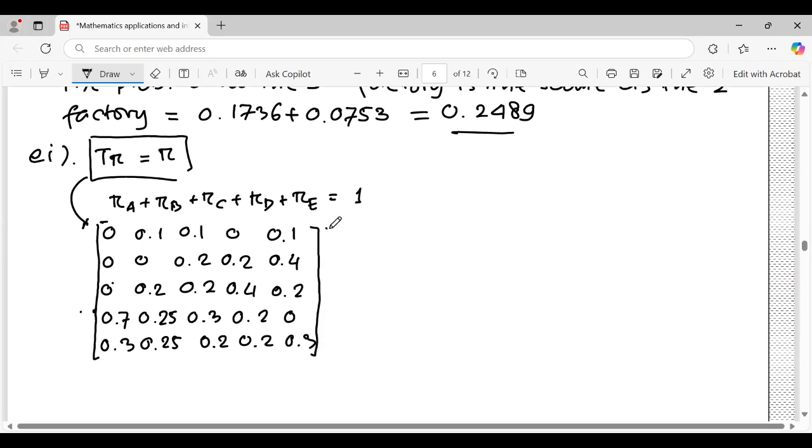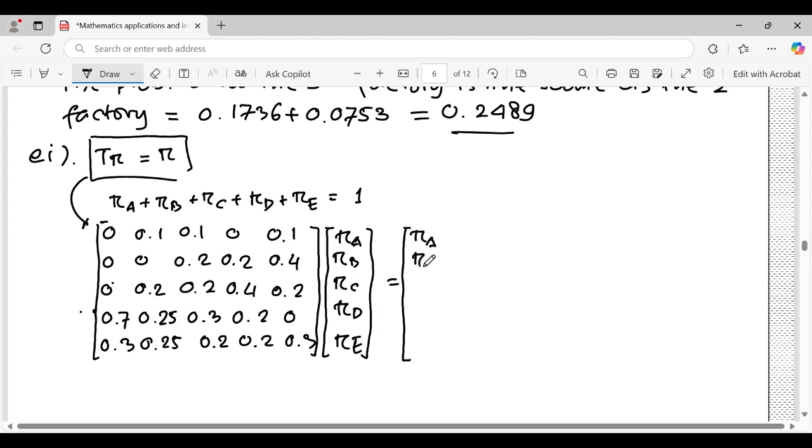Multiply by A, B, C, D, E. So this is the transition matrix, and this equals the matrix pi, based on this rule, A, B, C, D, E.